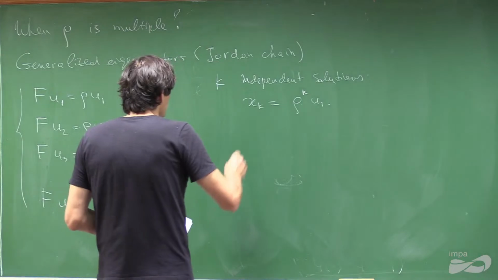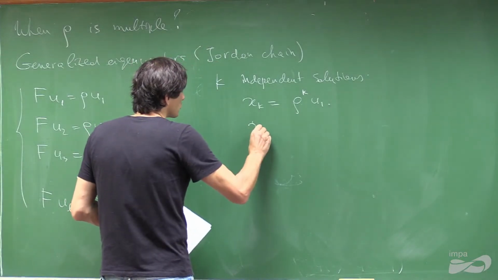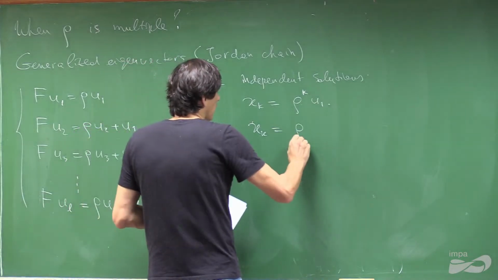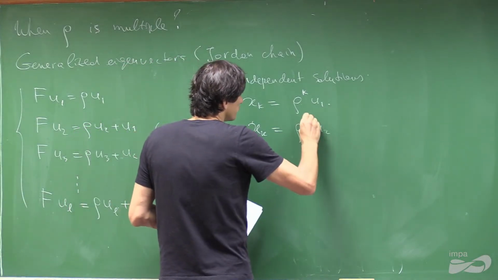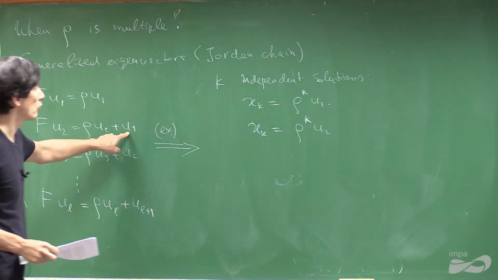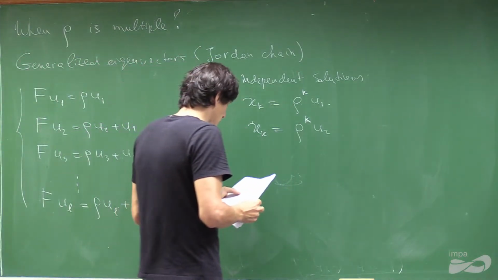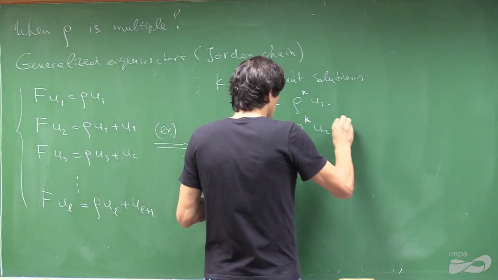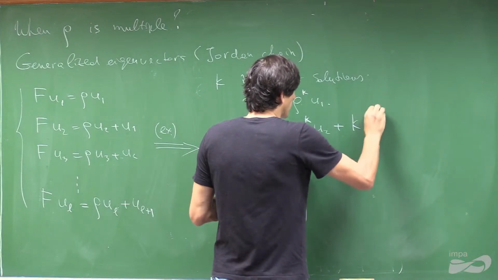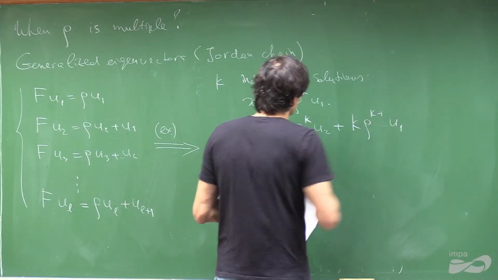But you can also form a solution with the second vector. It will be rho^k u2, but this is not a solution because there is one more component. If you add k rho^(k minus 1) u1, this will be a solution.